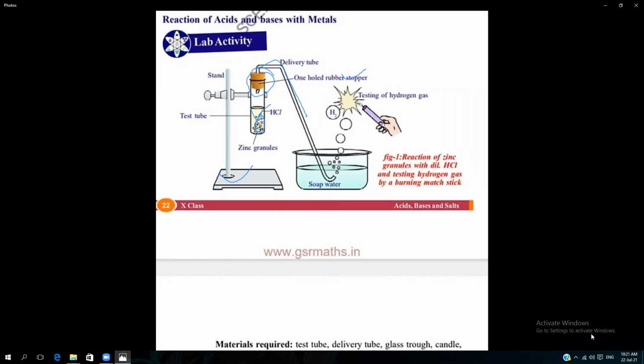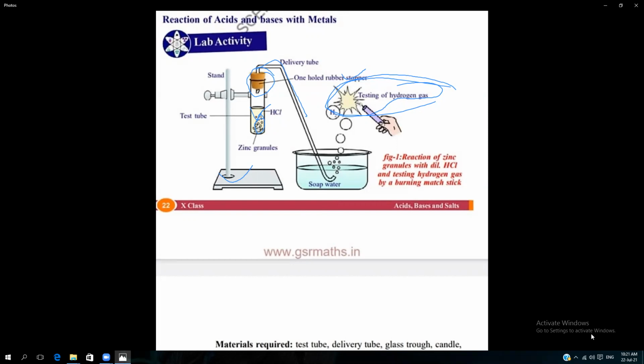And also testing of hydrogen gas. Here the burning picture indicates something we don't know yet. When we are going to learn about the experiment, we have to discuss this. Here is the reaction of zinc granules with dilute HCl and testing hydrogen gas by a burning matchstick.